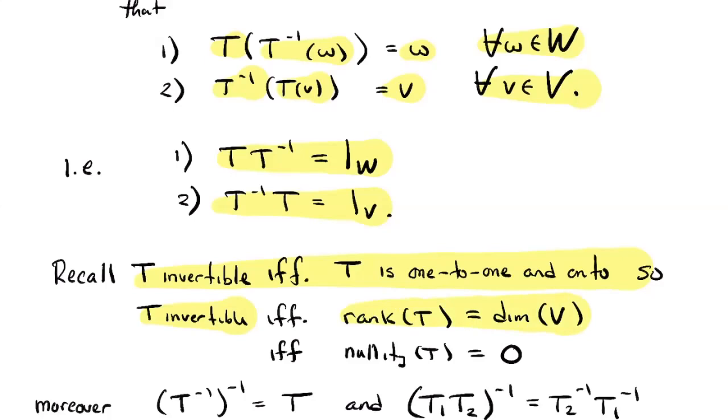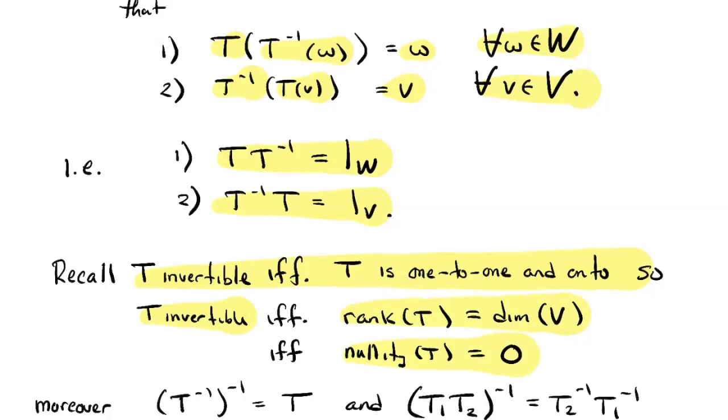Because the rank nullity theorem, among other things, says that this rank is equal to the dimension of the domain if and only if the dimension of the kernel is 0, the dimension of the null space is 0, which means it's 1-to-1. Or if you prefer, a linear function is invertible if and only if its nullity, the dimension of its null space, is 0.